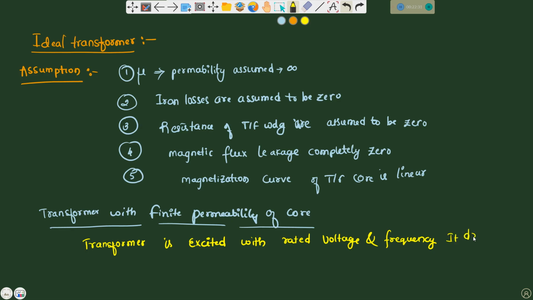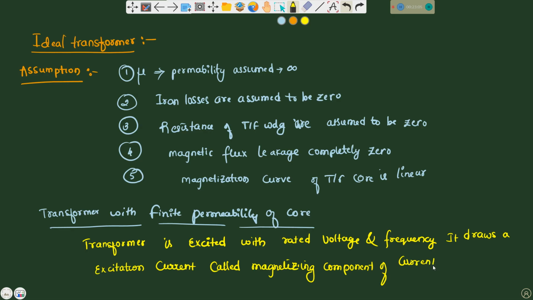It draws an exciting or excitation current called the magnetizing component of current for creating flux in the core.